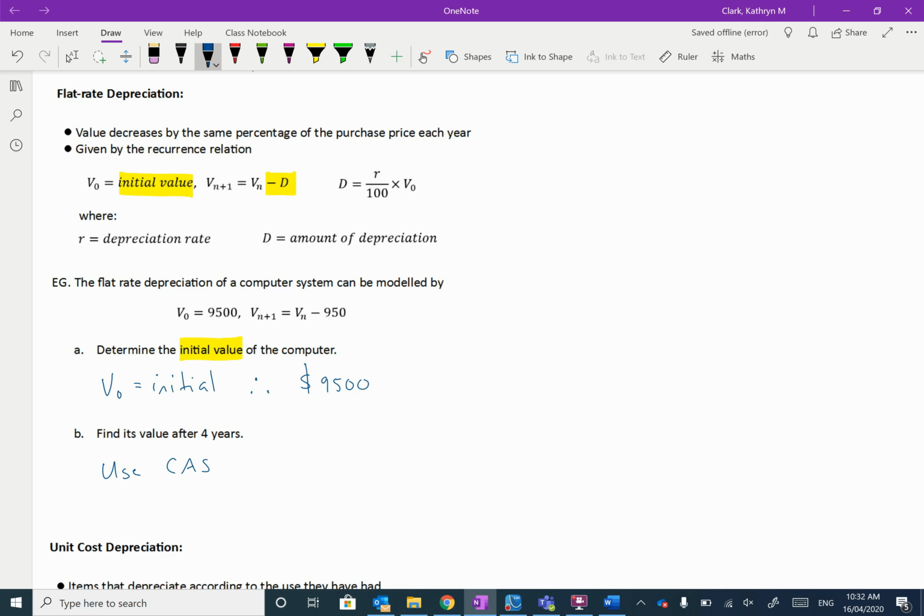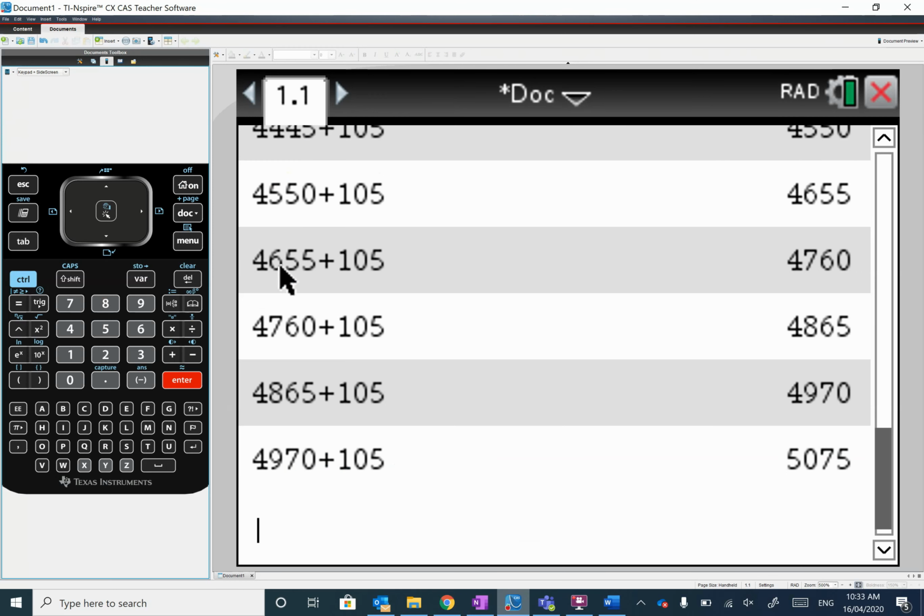we're going to again use our CAS, perform 4 iterations. So I'm going to start with 9,500.